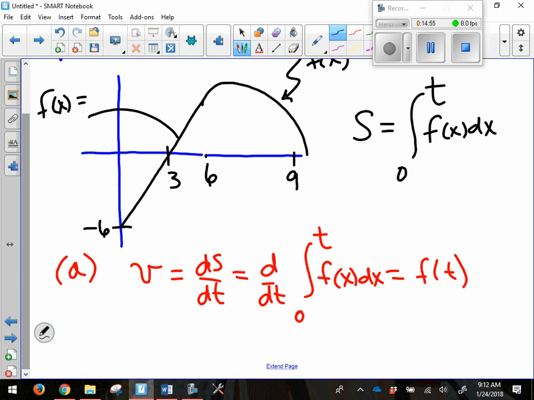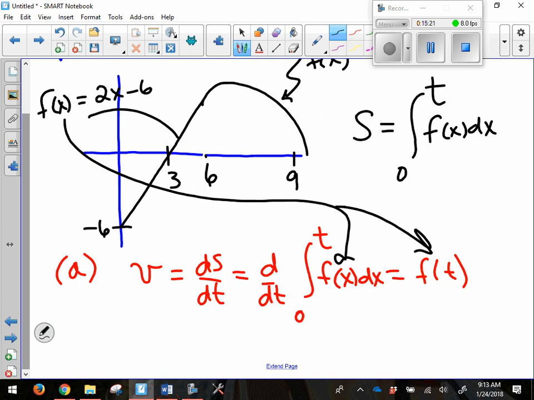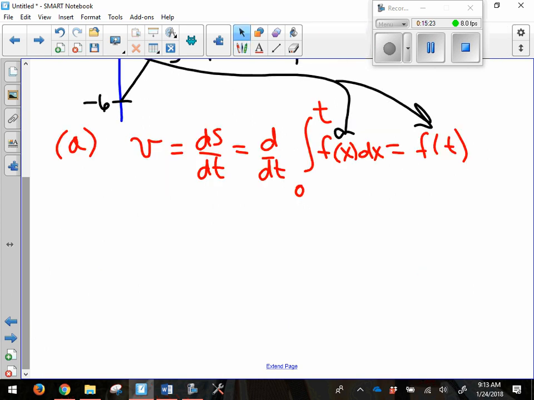It's not a horizontal line at y equals 2. Elf, what do you think? Are they right? Yeah. Zoe, what do you think? Yeah? Okay. So this is going to be my f of x, which is going to become my f of t. So this is going to be 2t minus 6.